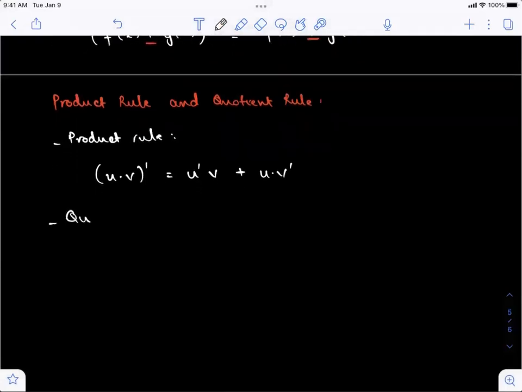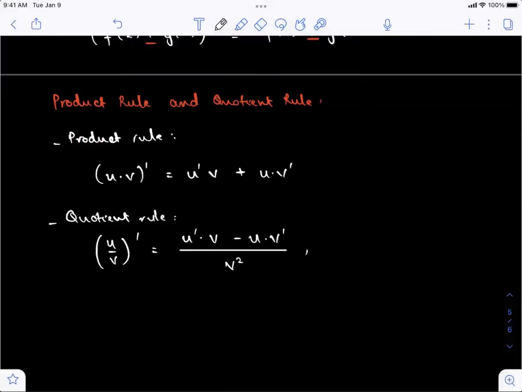For the quotient rule, the derivative of u over v is u prime times v minus u times v prime, divided by v squared. One condition that we need to impose is that the function v has to be different from 0. We don't want 0 in the denominator.